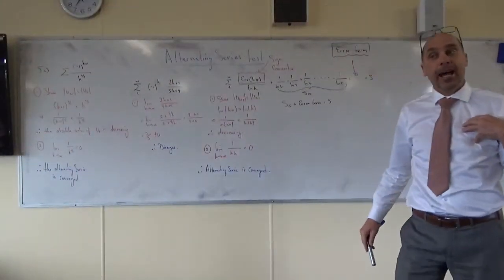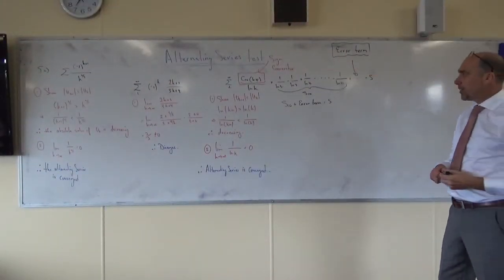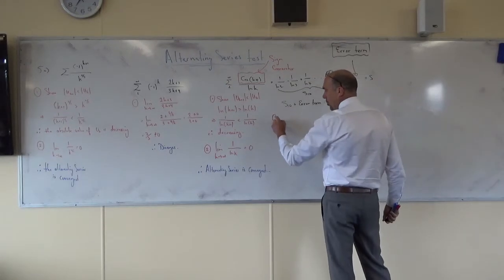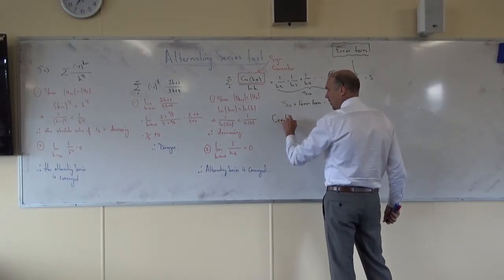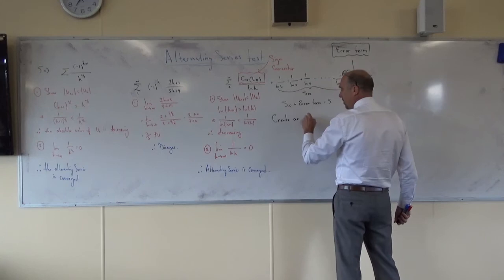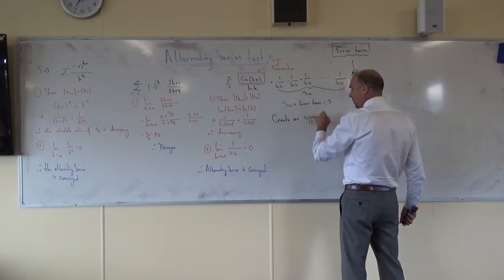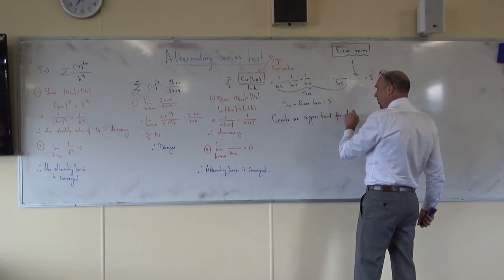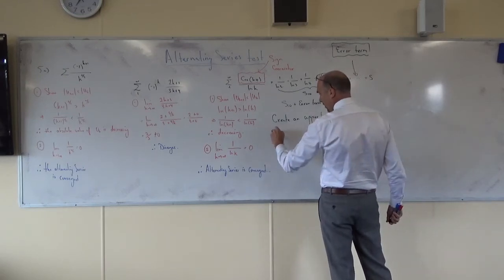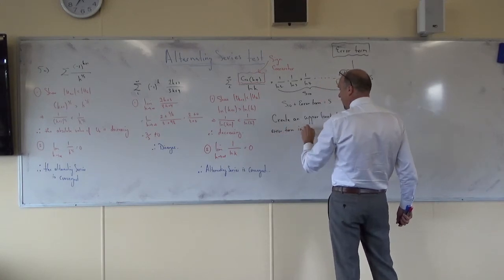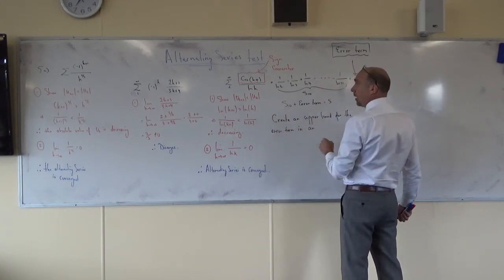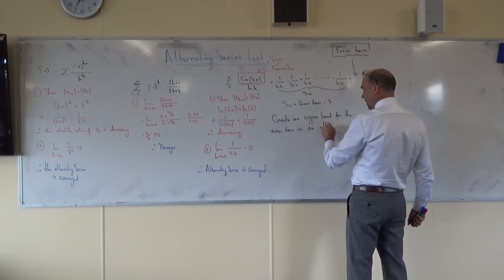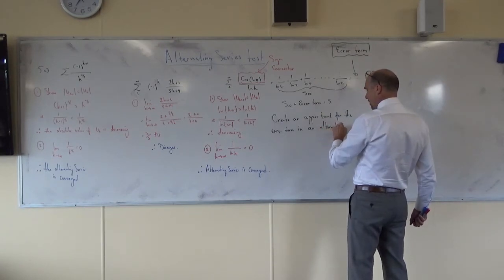I want us to now create an upper bound for the error term in an alternating series. That's my job.